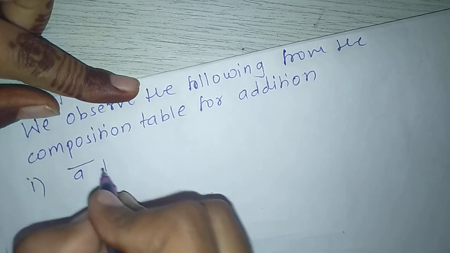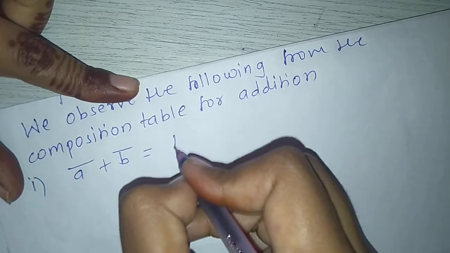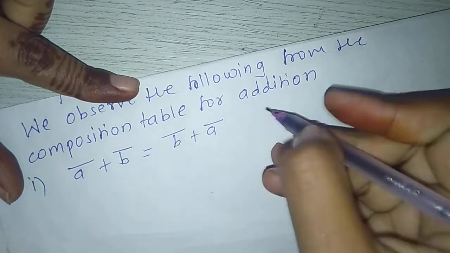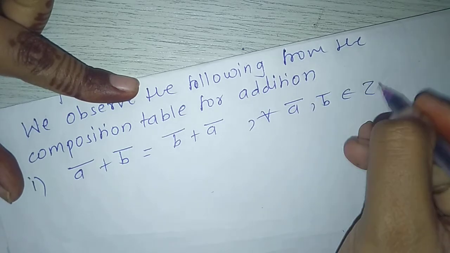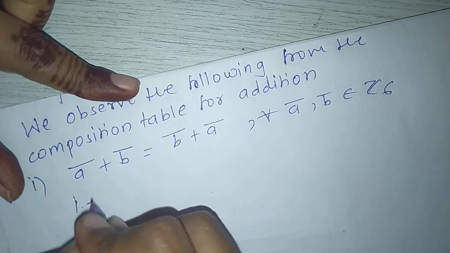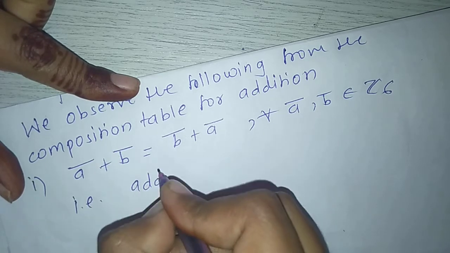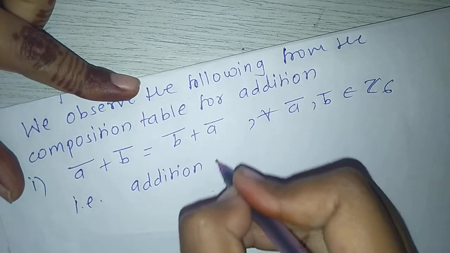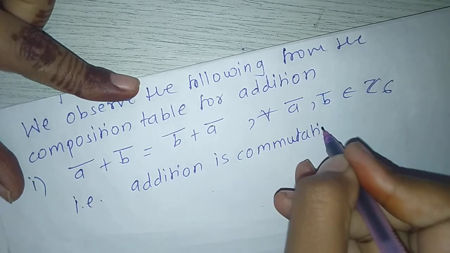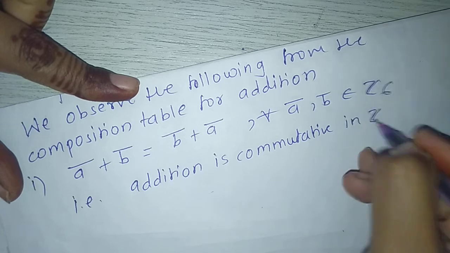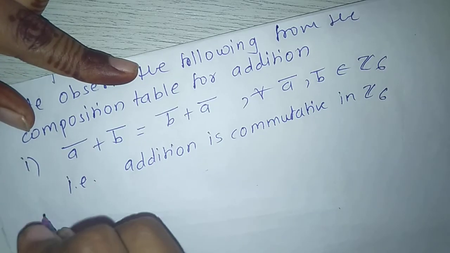First, a bar plus b bar equals b bar plus a bar, for all a bar, b bar belonging to Z6. That is, addition is commutative in Z6.